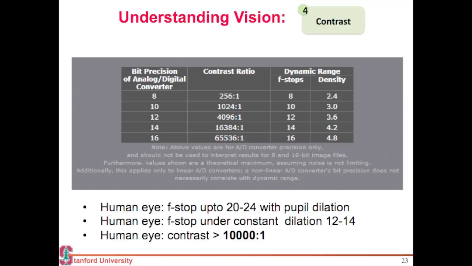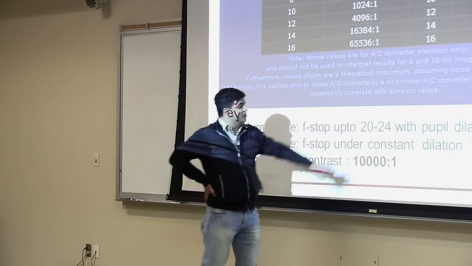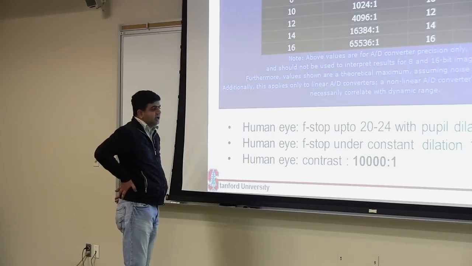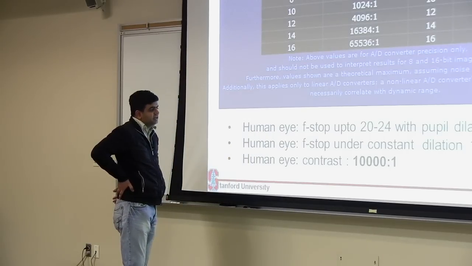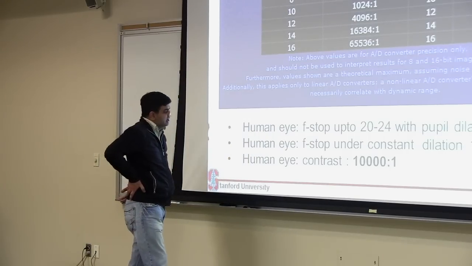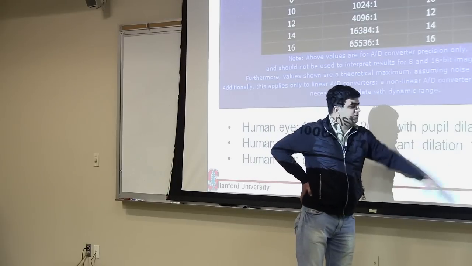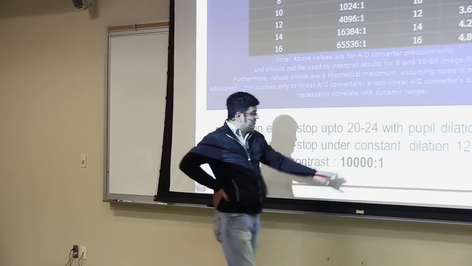Our human eye, including the dilation of the pupil, has a contrast of 2 to the power 24, or an f-stop of 24. But at normal light, with normal dilation of your pupil, that contrast is still 12 to 14 f-stop. So that's a very high resolution.